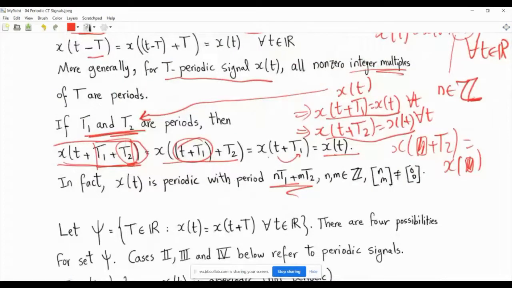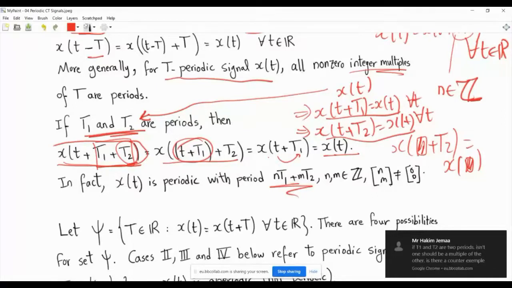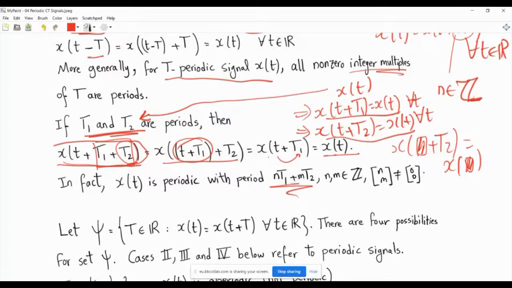So basically, to classify signals in a rigorous way, okay? We will see. I will actually talk about all possibilities right now. To classify signals, we will define this set psi.